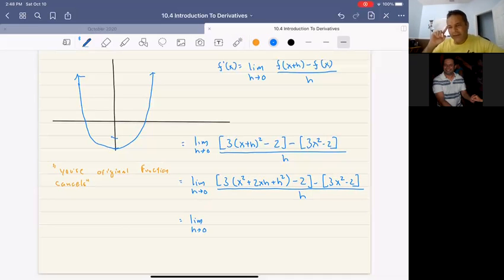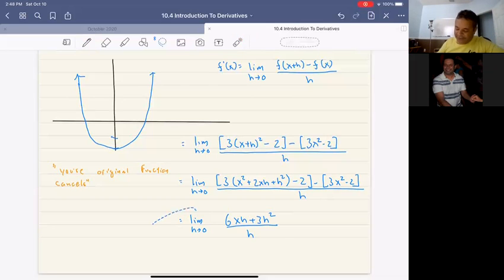I recognize that 3x squared as part of my original function, so I'm going to not write it down. But I do have this 3 acting on this 2xh. So I have 6xh plus 3h squared over h. Okay, so again, this 3x squared and that 2, those cancel because there were pieces there. All right, I'm starting to get somewhere.